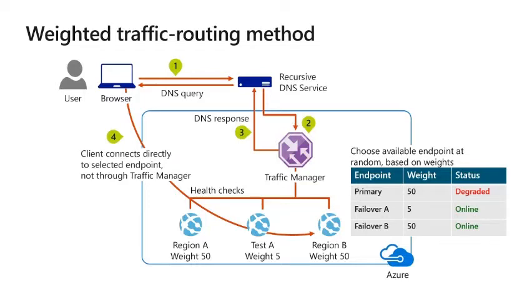The probability of choosing an endpoint is based on the weight assigned to all available endpoints. Using the same weight across all endpoints results in an even traffic distribution.